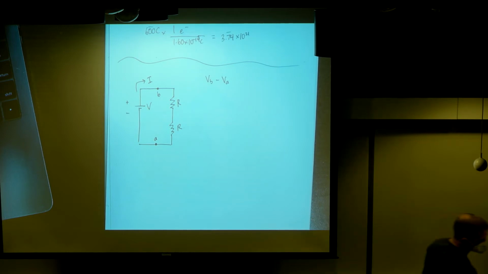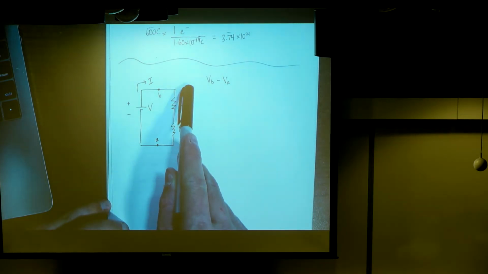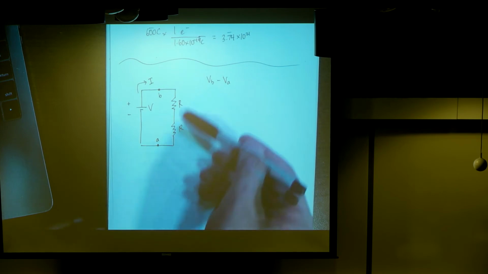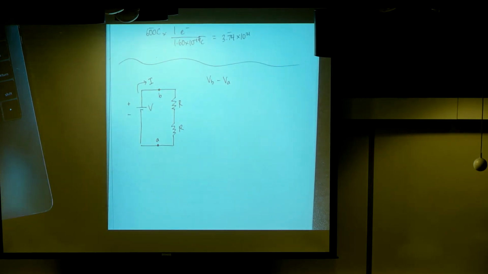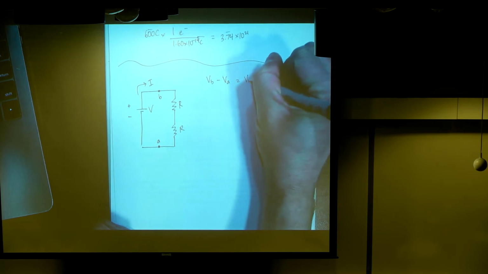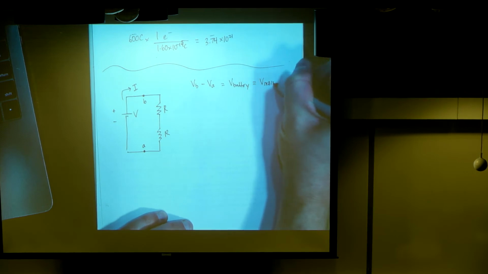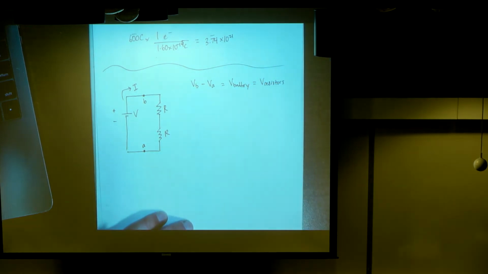We could either go across the battery, or we could go across these 2 resistors. Either way would take us from point A to B. So it should be the case that the voltage across the battery is the same as the voltage across the resistors, because they have the same starting and end points.